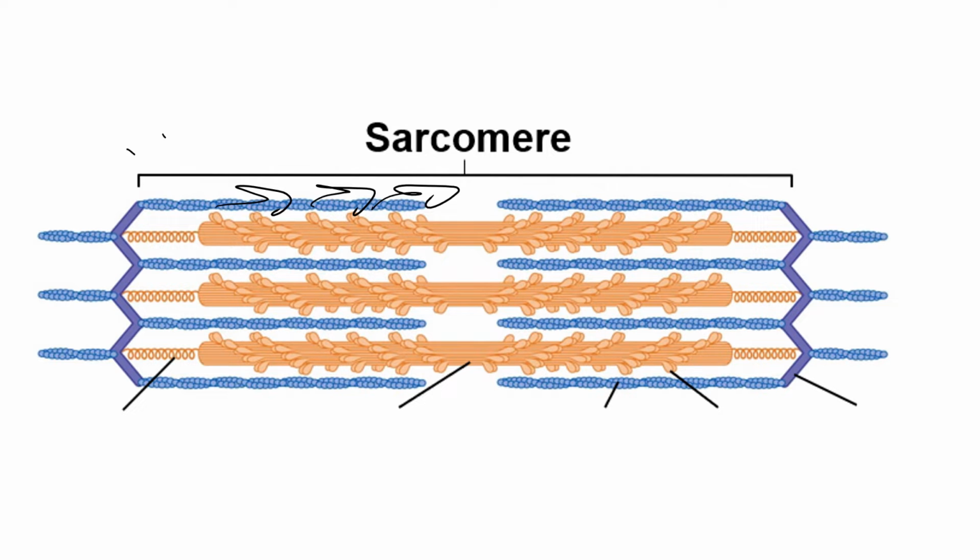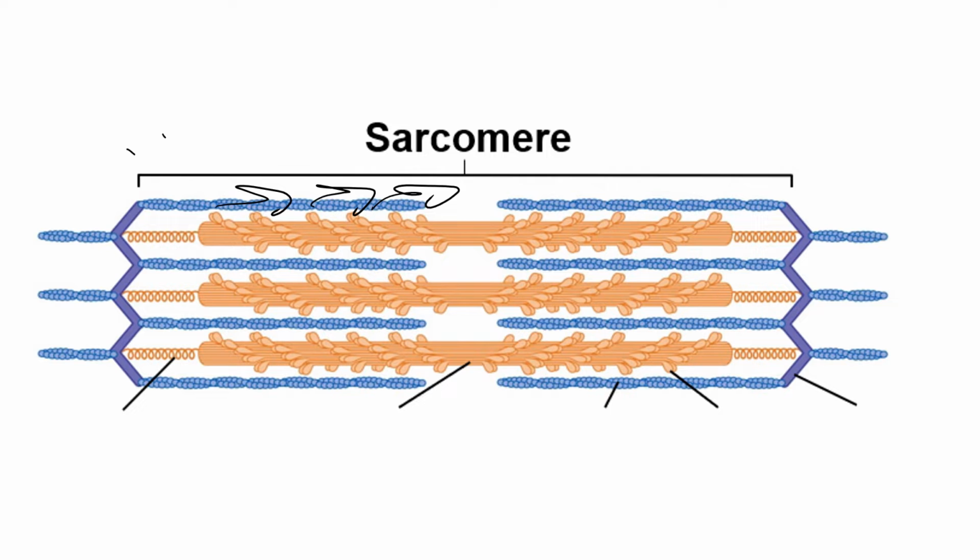Because of the speed at which the actin filament is moving past the myosin filament, there's less time for myosin heads to interact with actin. Force is proportional to the number of myosin heads bound to actin. The more myosin heads you have bound to actin, the more force that you produce. This, yet again, is something that we know.